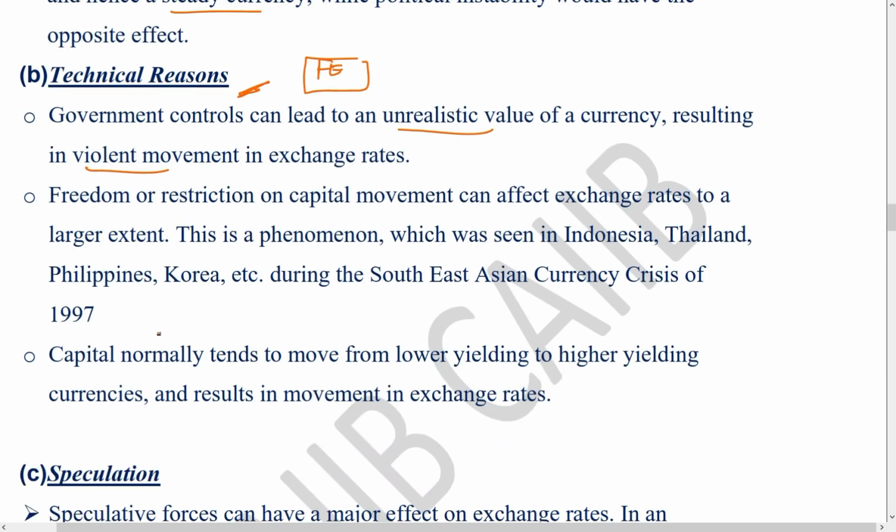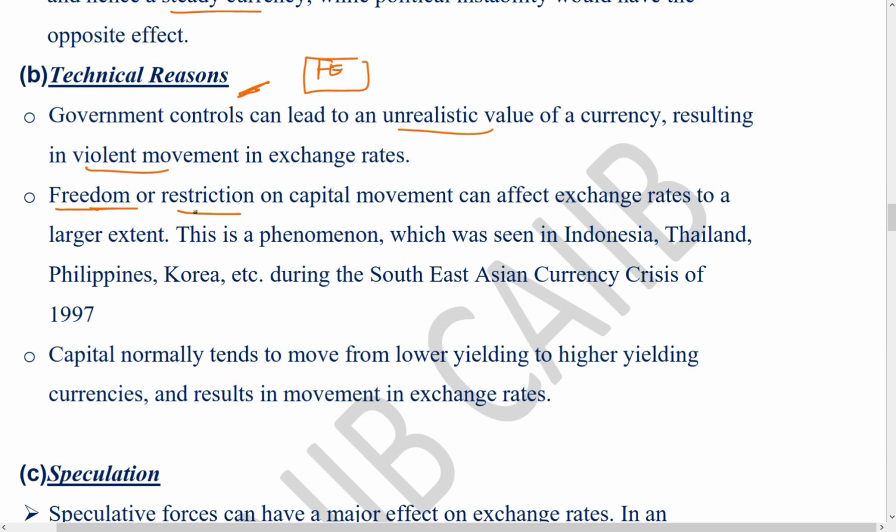Freedom or restriction on capital movement can also affect exchange rates to a larger extent. Capital movement means a person from outside of your country can easily invest in your country, and can easily withdraw, meaning you are giving freedom to enter and at the same time exit the country.